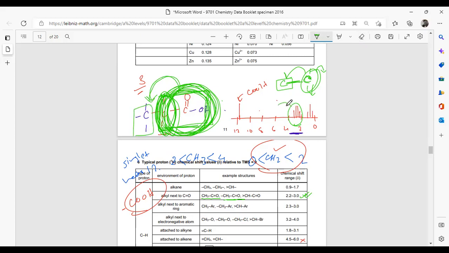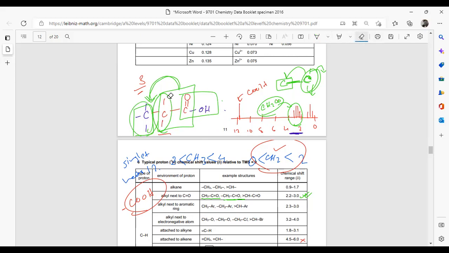That means this is the information for whom? Our CH2CO group, isn't it? Because that's how we were able to find the information from the data booklet. We got the information for these two separate groups, isn't it? Those are specific elements.